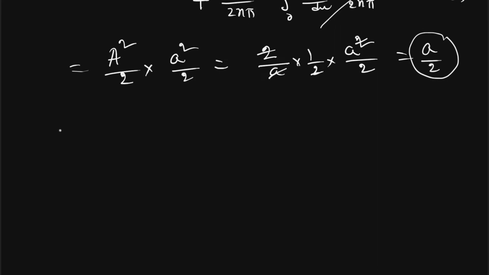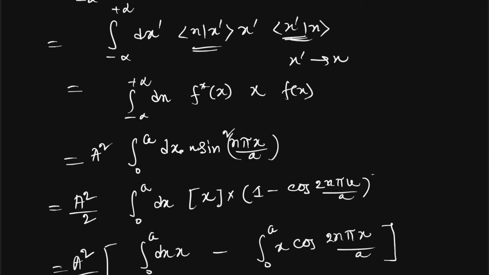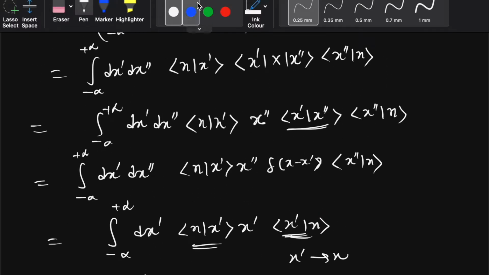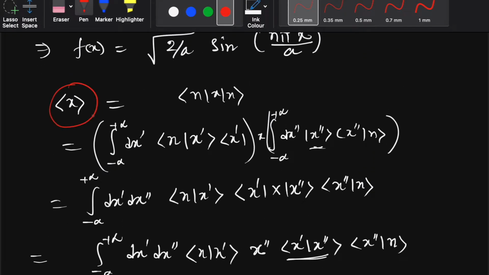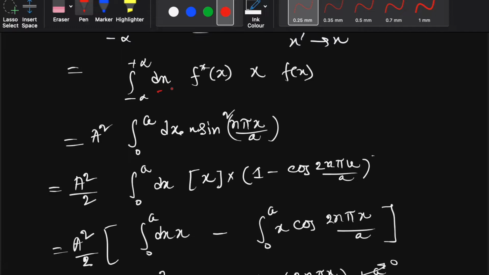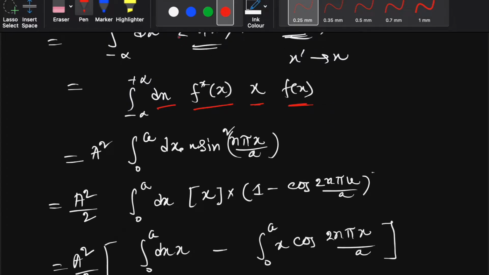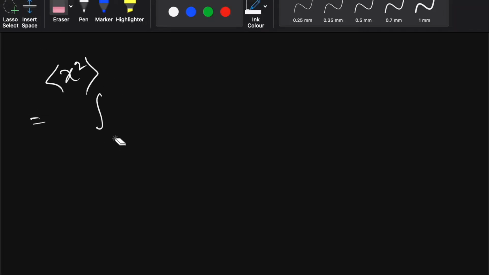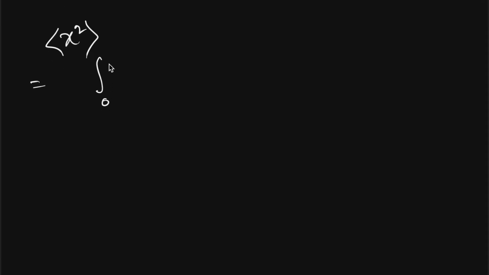And let us calculate the expectation value of x² in that state. Similar to the result that we calculated here, the expectation value can be written as the integration of dx ψ*(x) x² ψ(x). From similar calculation, we can write the expectation value of x² as the integral from 0 to a, since the wave function is only non-zero between 0 and a.